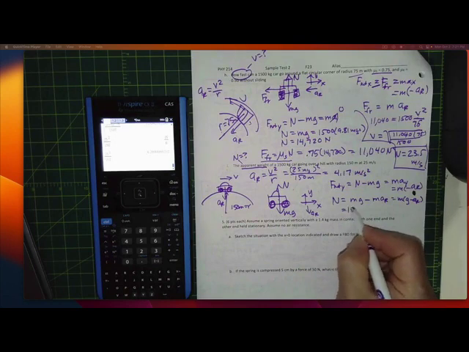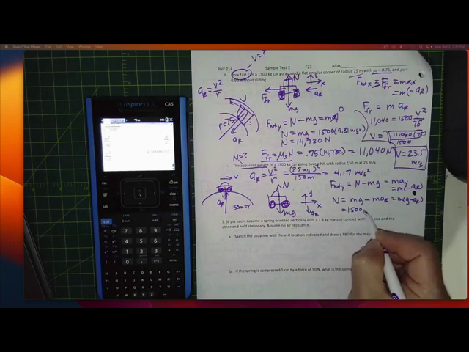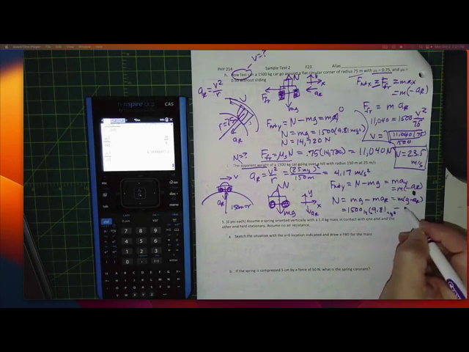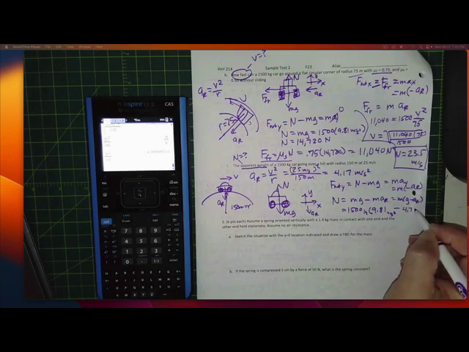So we've got everything: 1,500 kilograms, g is 9.81 meters per second squared, and a_r is 4.17 meters per second squared.